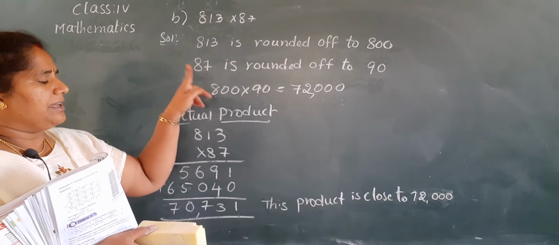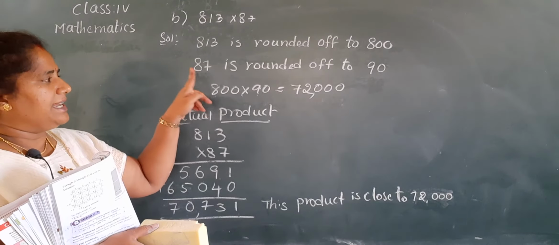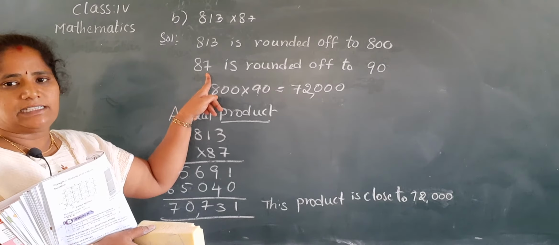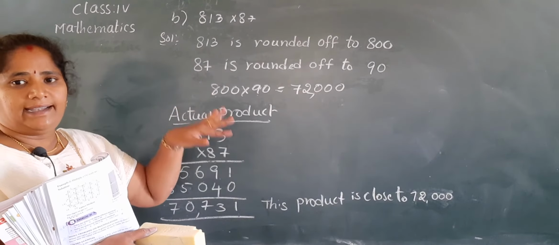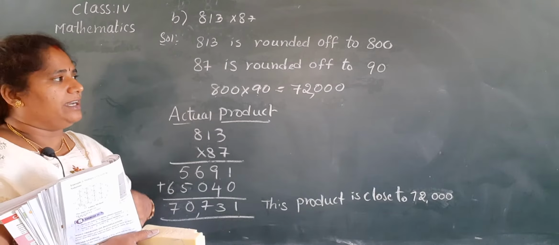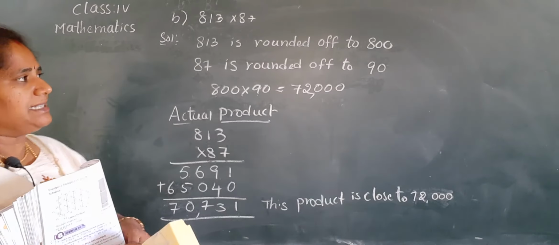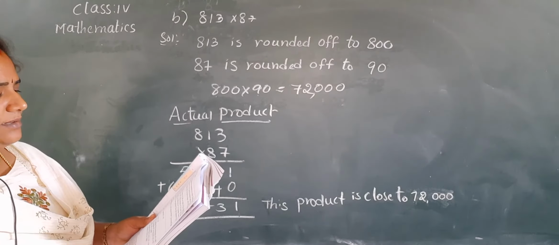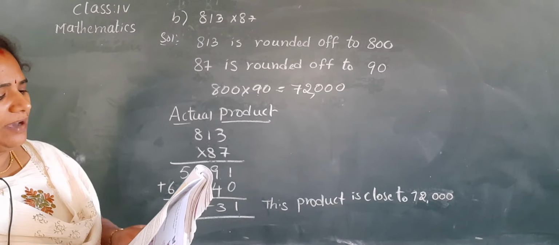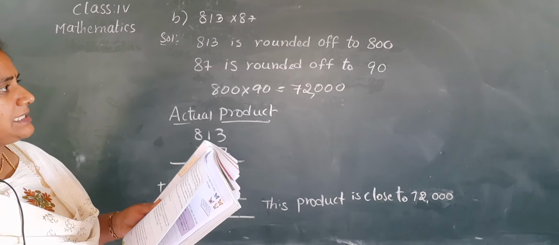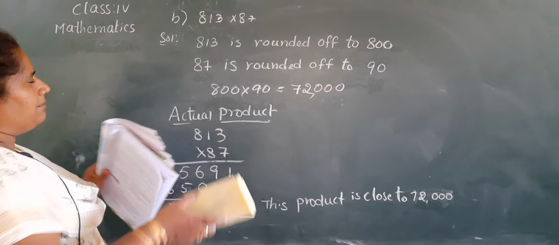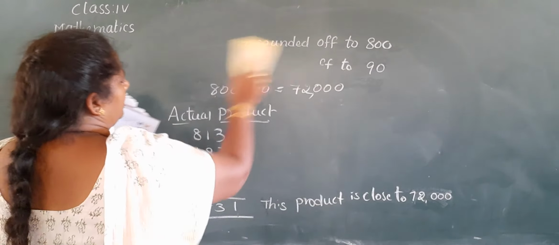And 87, to round this number to the nearest 10, see the digit in the ones place. It is greater than 5, so this number is rounded off to 90, that means the next greater multiple. Round off the number to the multiple of 10 just greater than the number to be estimated.